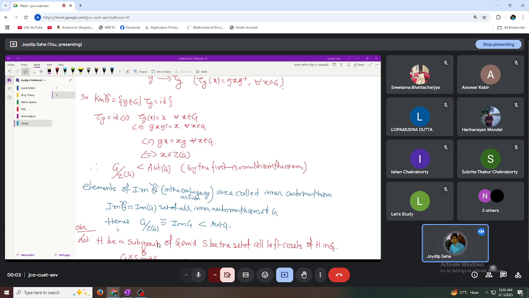Then investigate what is the kernel theta tilde, what is the stabilizer G_x, what is the orbit, etc. So there are some small applications on class equations on p-groups. I'll discuss in the next day.